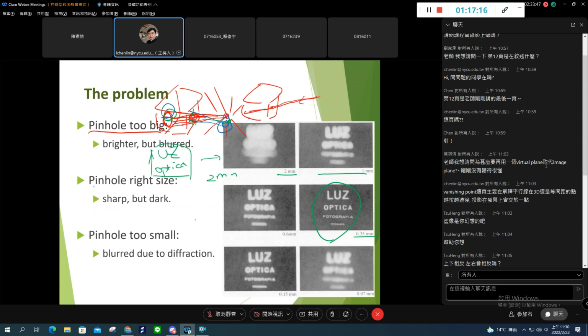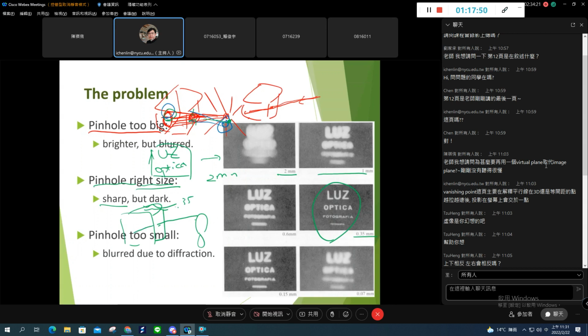So if your pinhole is the right size, the image will be sharp, but the problem is that it will be dark. Because you can see that if you have a candle here, your pinhole only allows a single point. 0.35, you cannot even draw that length with a ruler, right? You have to use some pretty tiny pin to poke a hole over there.